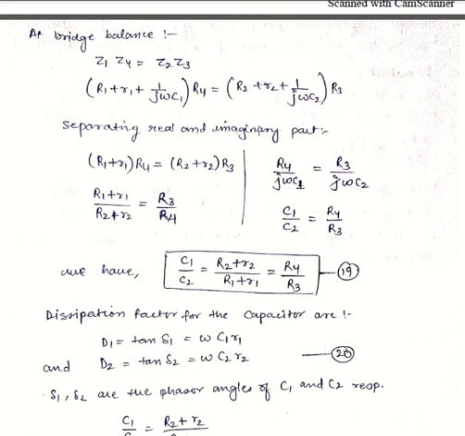By separating the real and imaginary parts of this equation, we'll have capital R1 plus small r1 divided by capital R2 plus small r2 is equal to R3 divided by R4. In the imaginary part we will get C1 by C2 equal to R4 by R3. So combined, we'll have C1 by C2 is equal to R2 plus small r2 divided by R1 plus small r1, equal to R4 by R3.